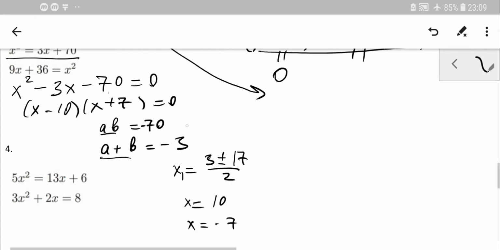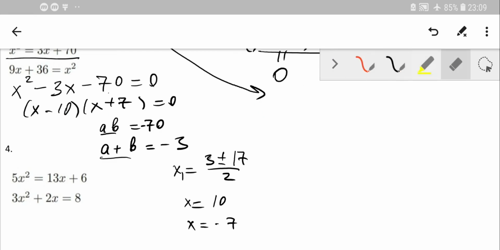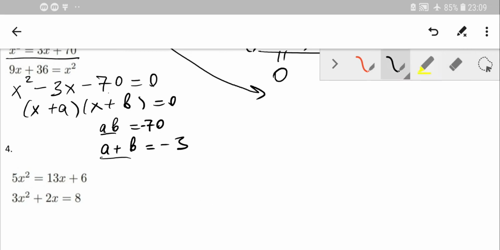So a times b should be negative 70. Okay, we still have unknowns, so let's compare. The product is negative 70, so good numbers might be a equals negative 10 and b equals 7, or we might have a equals 10 and b equals negative 7.